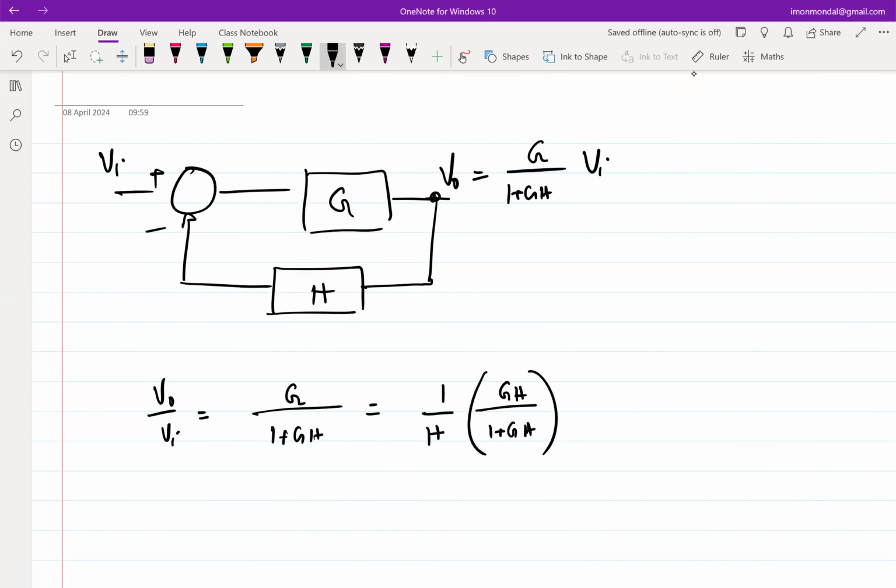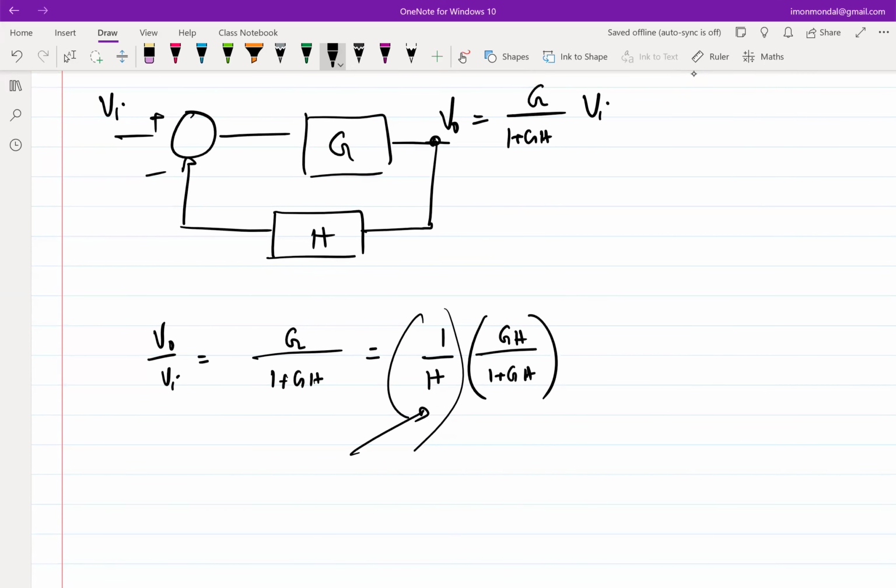When I say accurate, I mean things that don't change with temperature, voltage, or anything. H doesn't change, right? So essentially, we are looking for an output which, in the best case scenario, should be Vi over H, right? That is why we express this in this form. This 1 over H is the expected output.